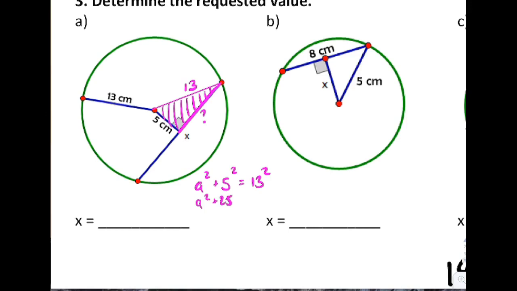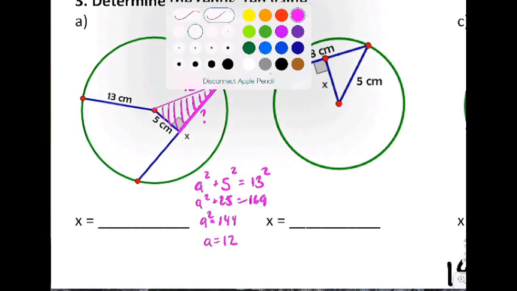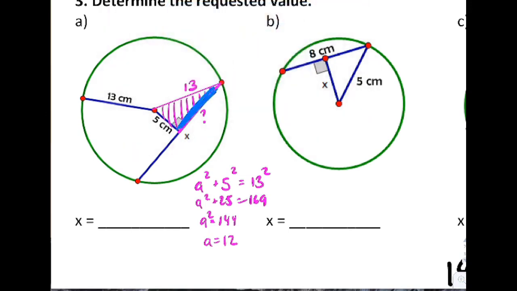A squared plus 25 equals 169. Subtract the 25 over 144, so A is 12, which is really just this right here. So if that's 12, what's all of that?